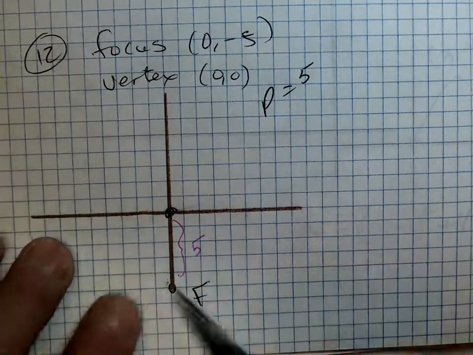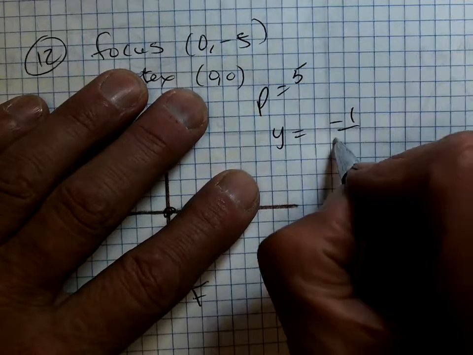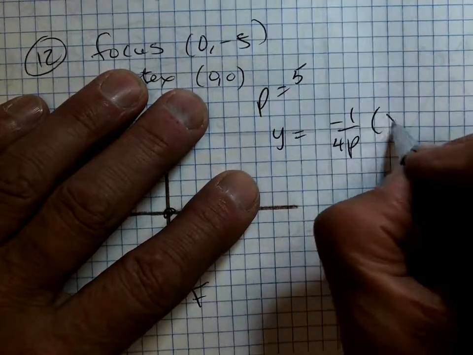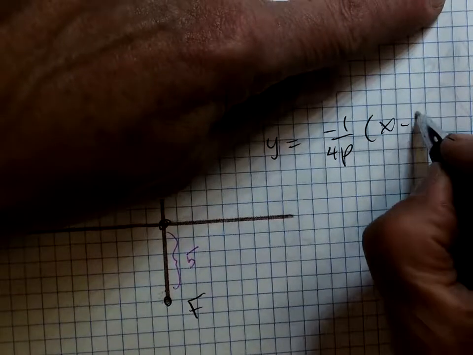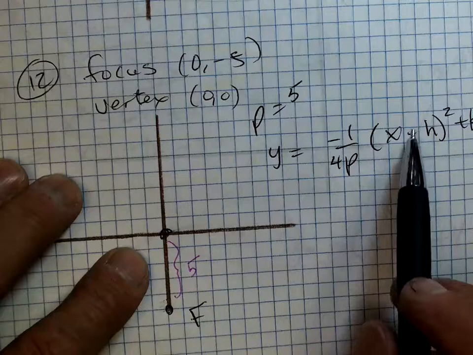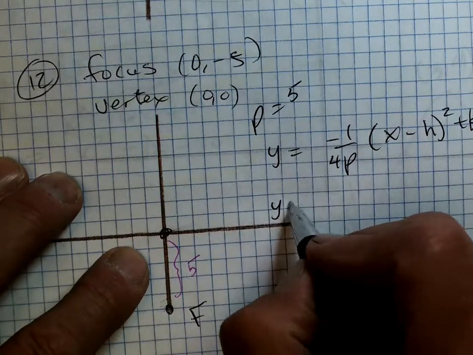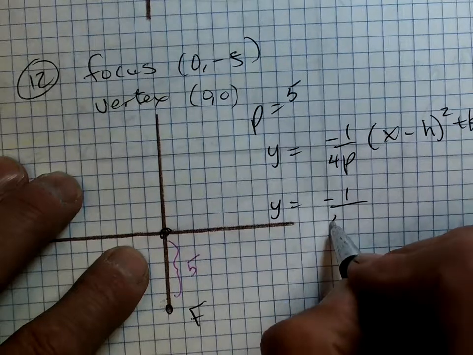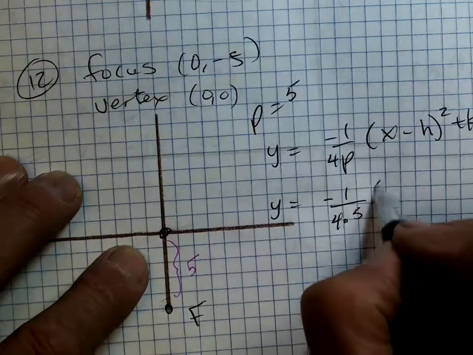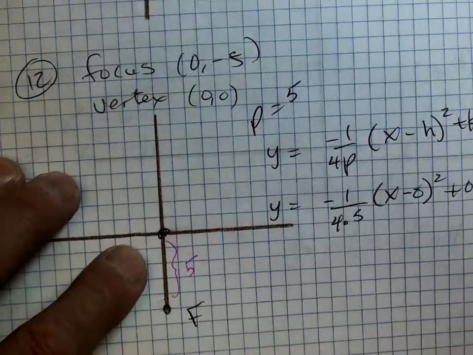Okay, so now here's my equation. I've got to use the one that says y equals negative 1 over 4p, and I'm going to use my x minus h squared plus k. Now, 0, 0 is my vertex, so h and k are 0. So if I go y equals negative 1 over 4 times 5, x minus 0, which I don't need, plus 0, which I don't need.